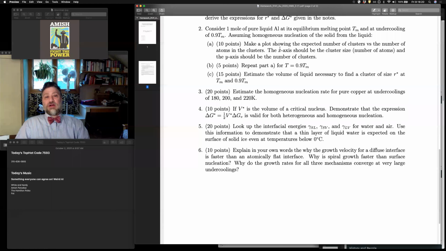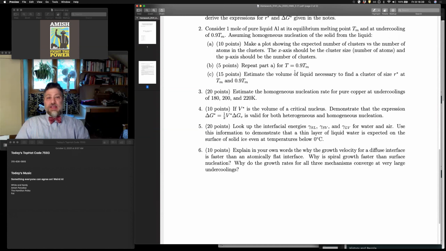So we do our Gibbs-Thompson, calculate delta GR, and then from delta GR, we plug it into our Boltzmann distribution to get our cluster size. So that's just right out of the book.